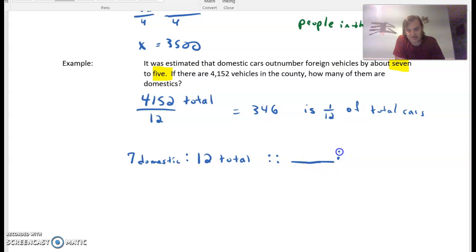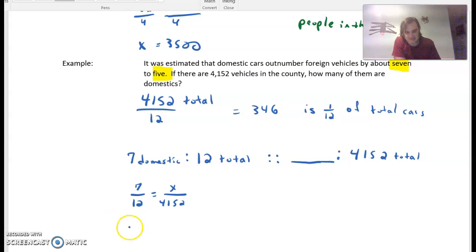So we may have gone on a wild goose chase there. But we have 4,152 total. So we're looking for how many domestic. So I could take the 346, since I've already found out that's 1/12, and multiply it by the 7. So that might make sense. But let's also do it with the proportion. So I'm going to cross multiply.